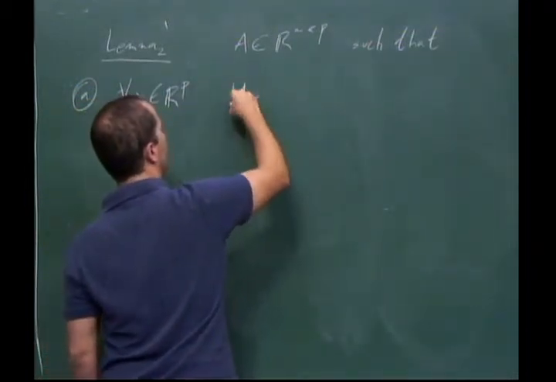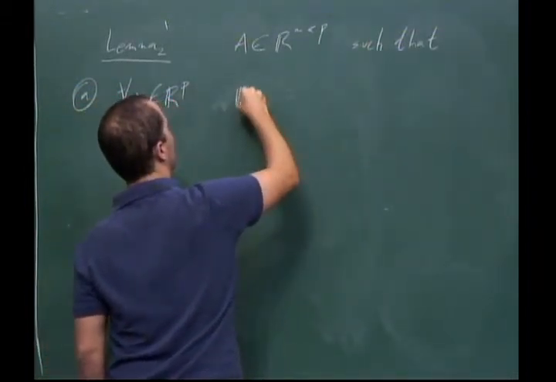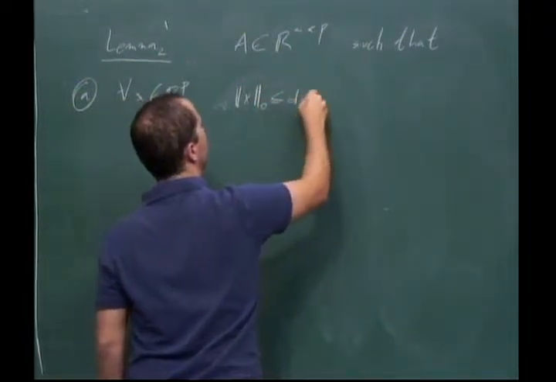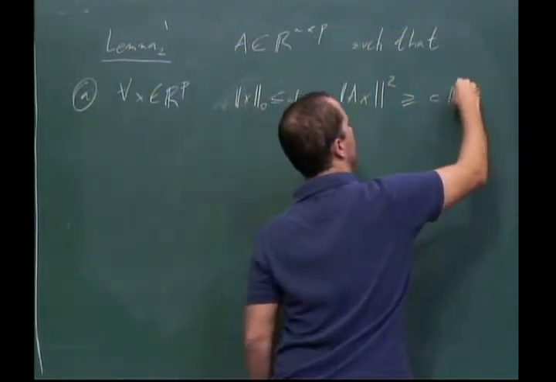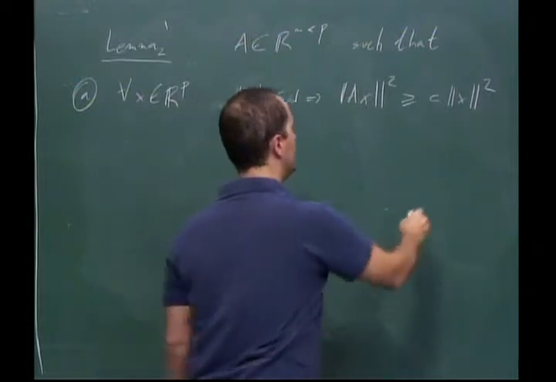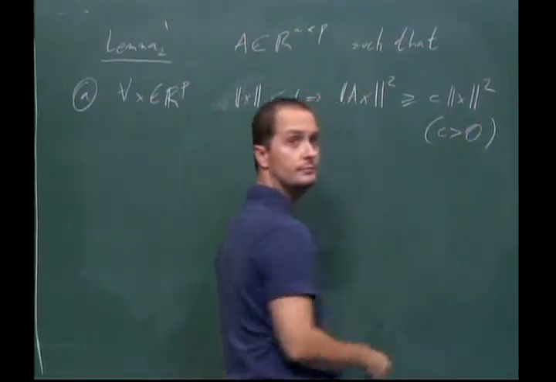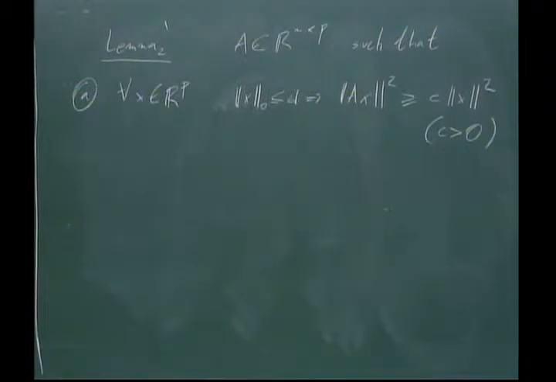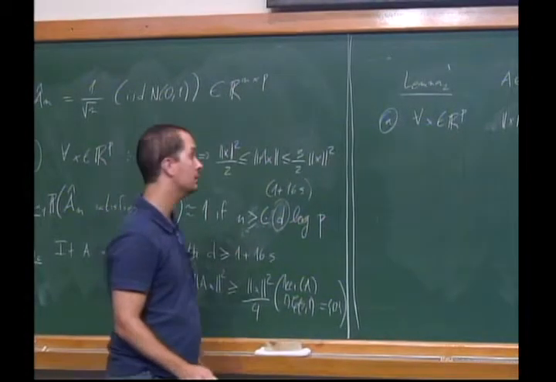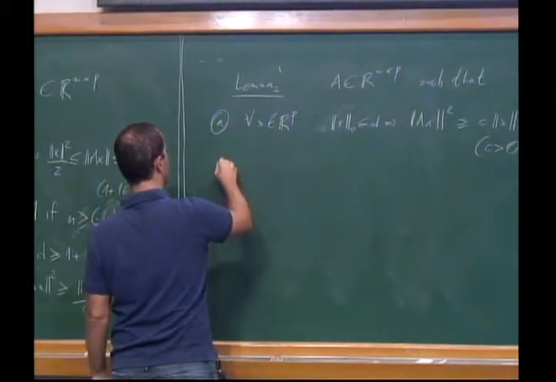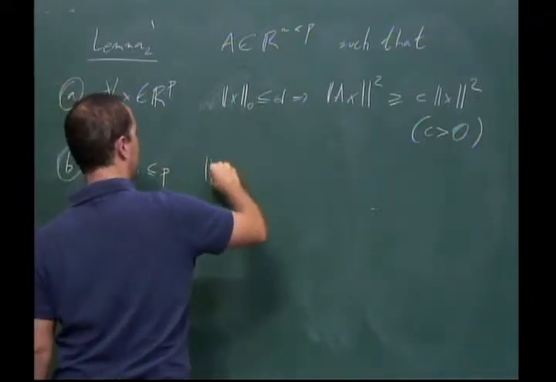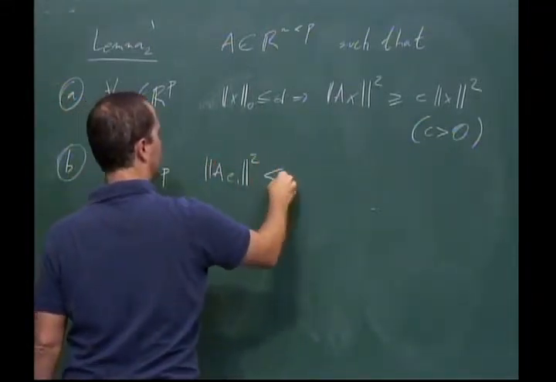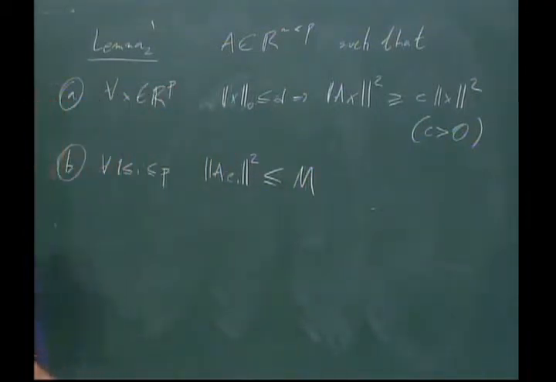First of all, you want a lower bound for sparse vectors, where C here is just some positive number. Okay? So in this case, we know that you can take C equals a half. The second assumption is that if you take any canonical basis vector and you apply A to it, this is going to be less than M for some constant M.